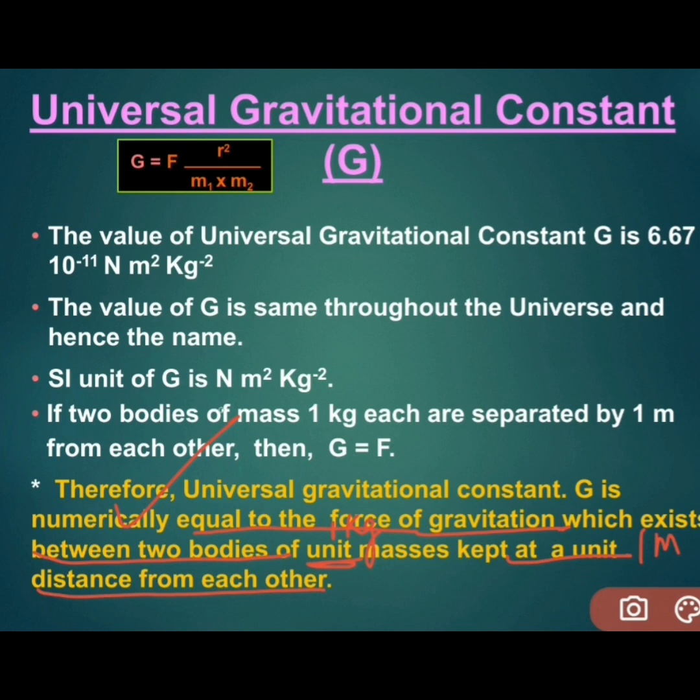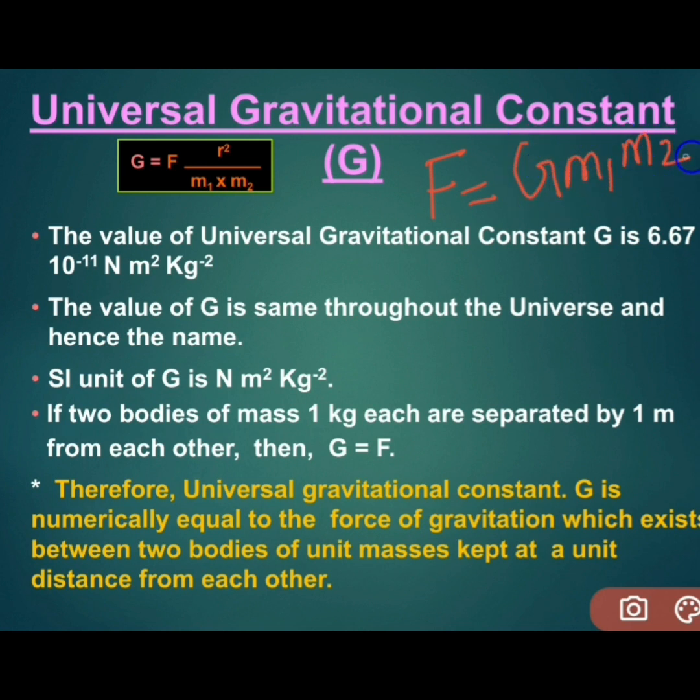Now, how is the formula for the universal gravitational constant derived? Again, the force of attraction F is equal to capital G m1 m2 by r square. Now I will rearrange this formula, and I know my students are smart at rearranging. I will bring r square to the LHS. On the RHS it is in division, on the LHS it will be multiplied with the force of attraction.